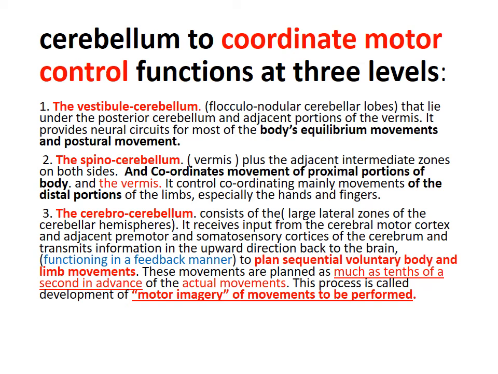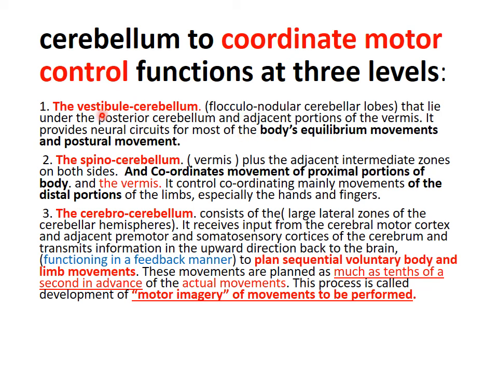So the cerebellum coordinates motor control functions at three levels. At the level of the vestibule, vestibulocerebellum; at the level of the spine, spinocerebellum; at the level of the cerebrum, cerebrocerebellum. Now vestibulocerebellum consists of the flocculonodular lobe, spinocerebellum consists of the vermis, and cerebrocerebellum consists of the lateral zone of the cerebral hemisphere and the intermediate zone.